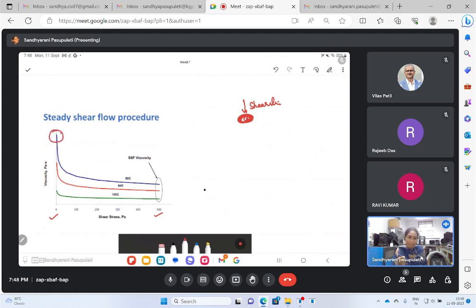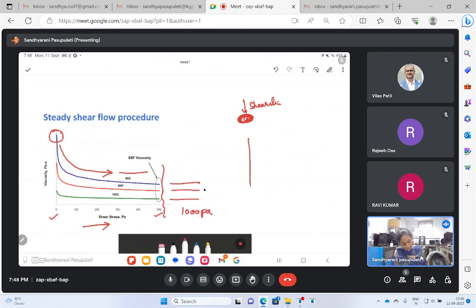If you keep on increasing the stress, we will observe that the viscosity will be reduced. After a particular shear stress, you can see the viscosity will become constant. Let us say at 1000 pascals, we understand that the viscosity has stabilized.